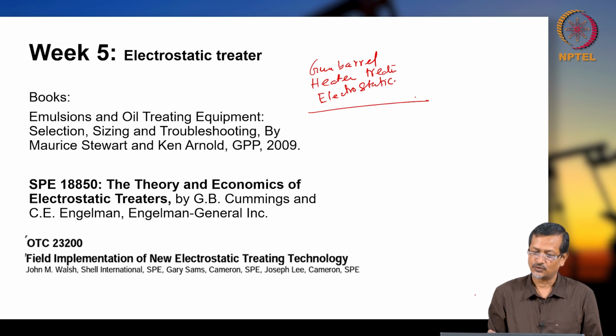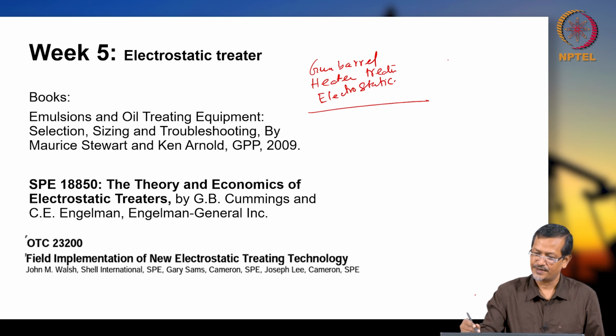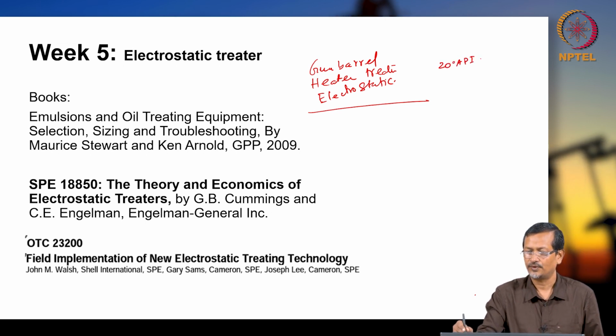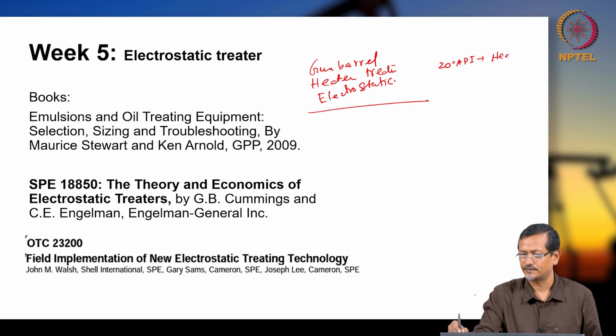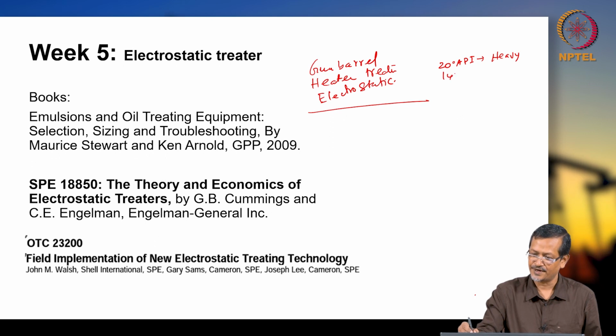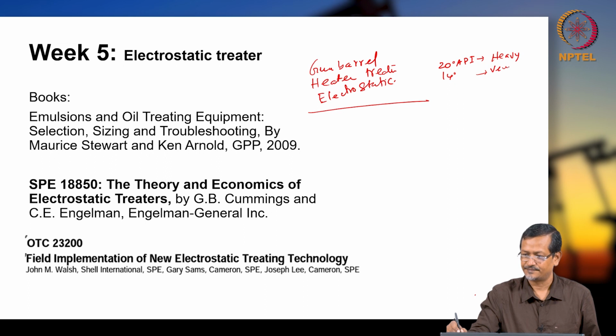So first, go to the heavy oil differences. A 20-degree API or lower will be called heavy oil, right? Approximate thumb rule. If it is 14-degree, then we'll say very heavy.